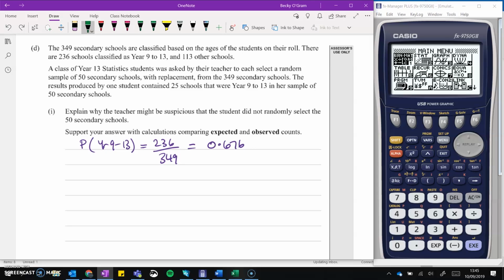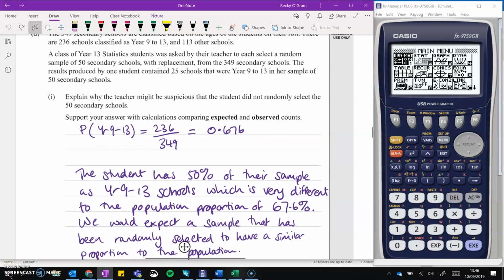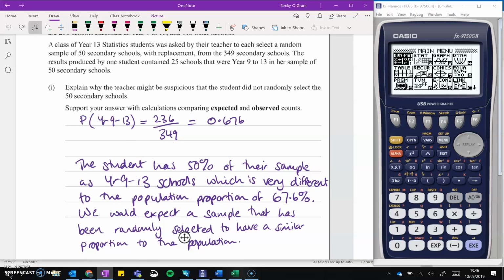If our sampling was fair and random, we would expect that same proportion to come up in the sample, or something close to it. The student has got 50% of their sample, very different to the expected population proportion of 67.6%.